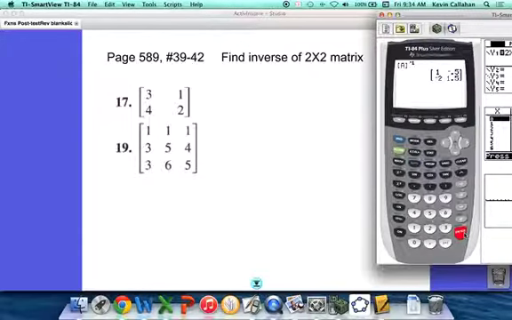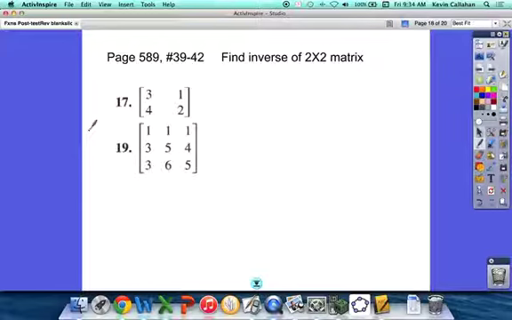Now, what they really mean by that, but on a multiple choice test, there's no way to really make you do this, is that there is a way to do this without resorting to that. It is to switch these two and put minuses in front of those two. That would give us 2, 3, -4, -1. And then you multiply by 1 over 3 times 2 minus 4 times 1.